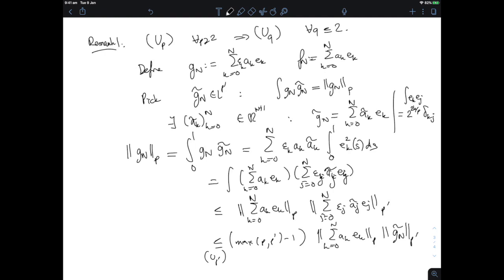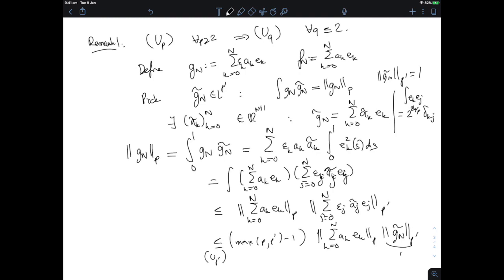And remember that Gn tilde was a norming functional, so I forgot to say that here, but of course the Gn tilde, being a norming functional, must have norm 1. So this is 1, and then we've proven UQ, or UP for P less than 2.